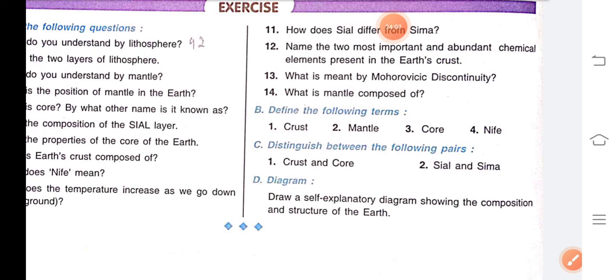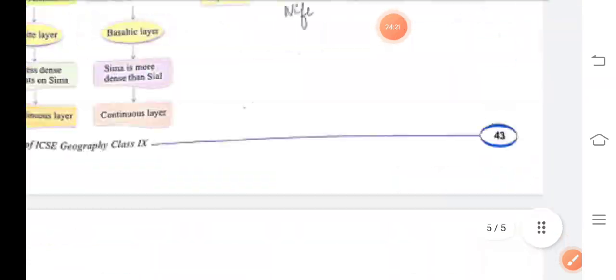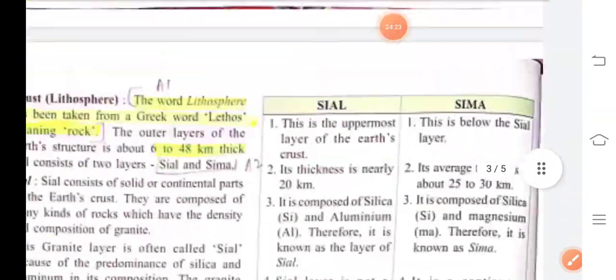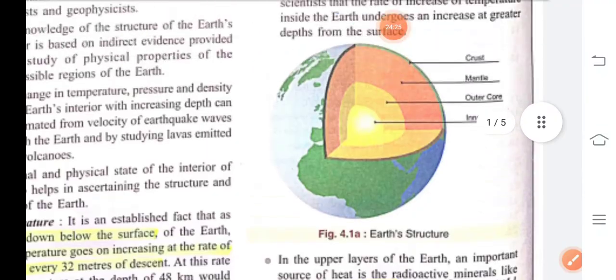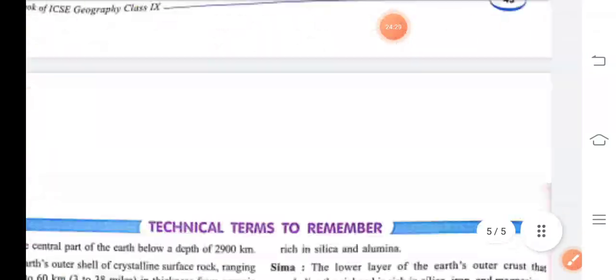Core is the center part of the earth. Nife is nickel and iron. Crust is the upper layer, core is the lower layer. Sial and Sima are given in the table only. Diagram showing the composition: the same diagram you can make. So this is all about that chapter.